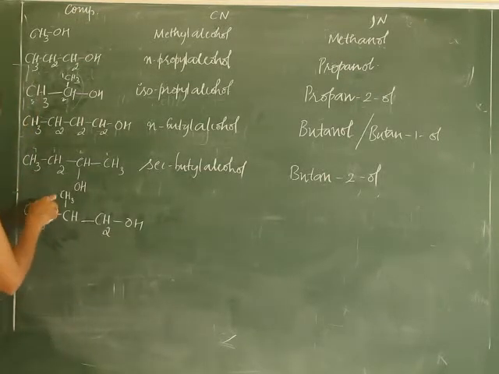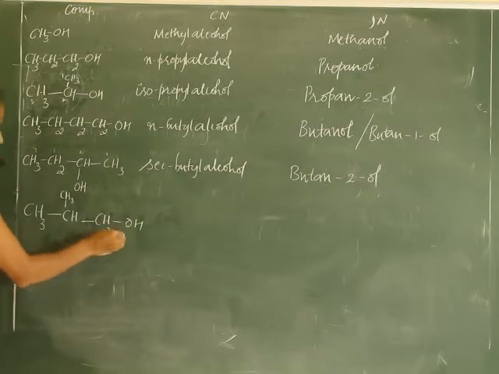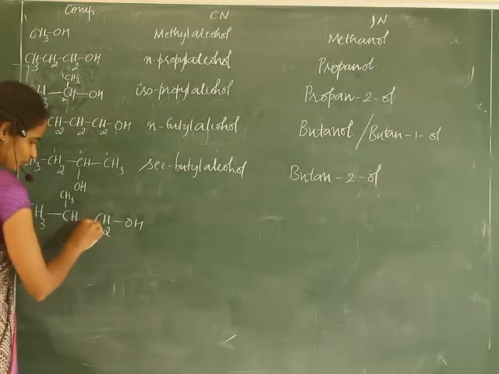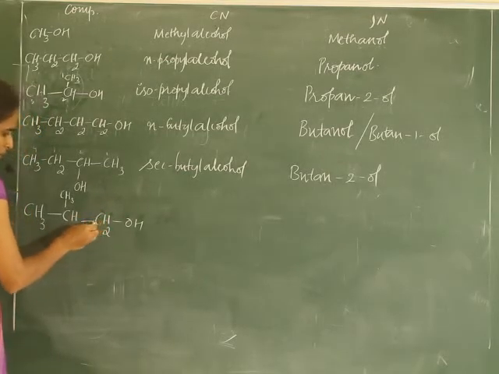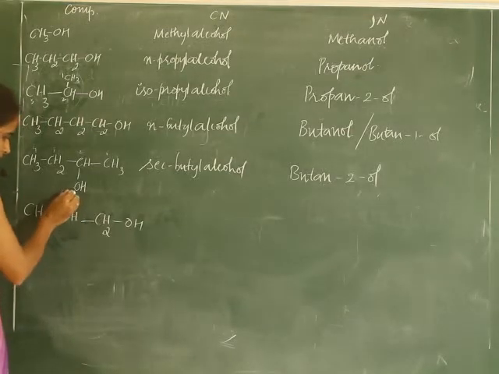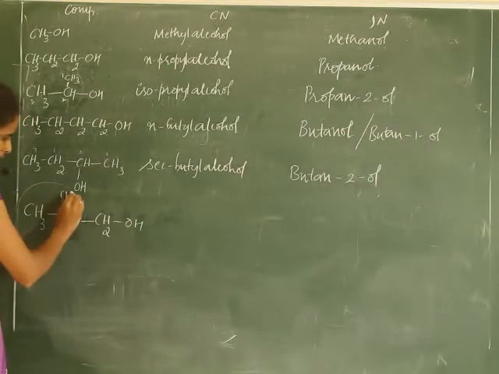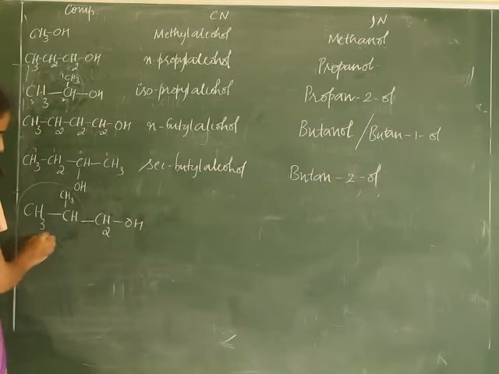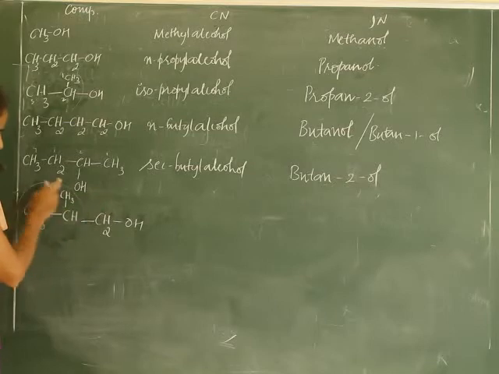Let us see this compound. Here 1, 2, 3, 4. 4 carbon atoms are there, and here OH group is attached to primary carbon atom. Right, this is primary. Why? Further attached to one more carbon atom directly. And you can observe that here you can see an isopropyl group, right? While writing iso as prefix, there must be this group.